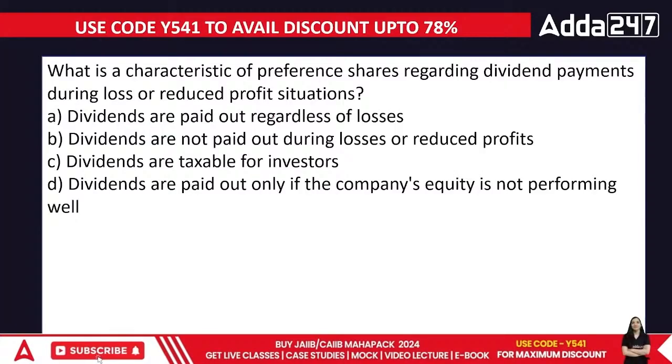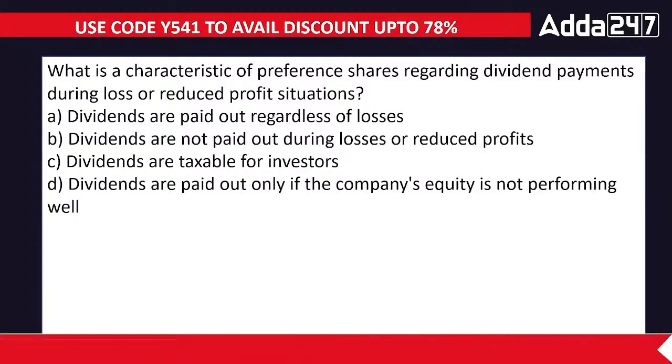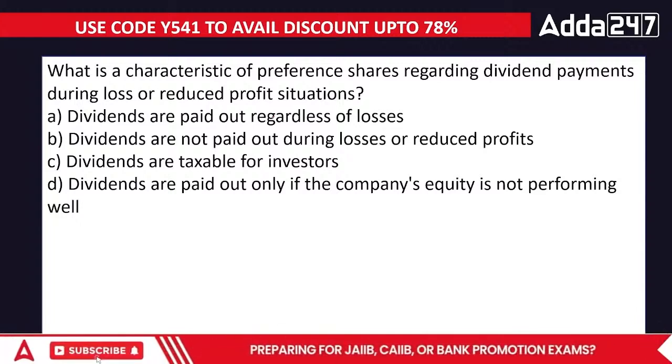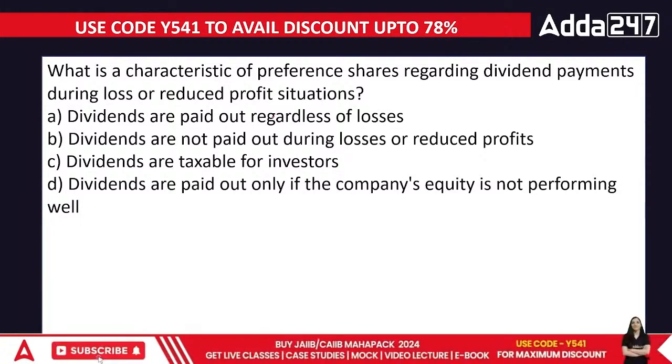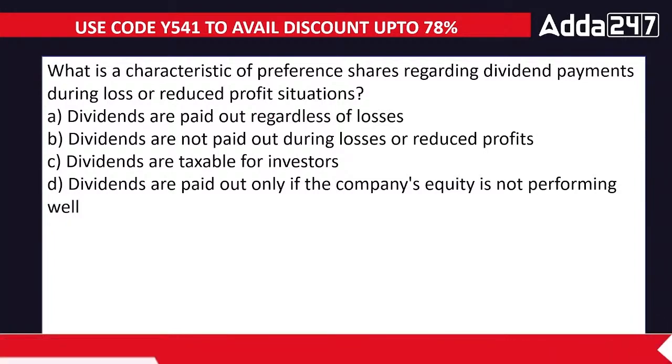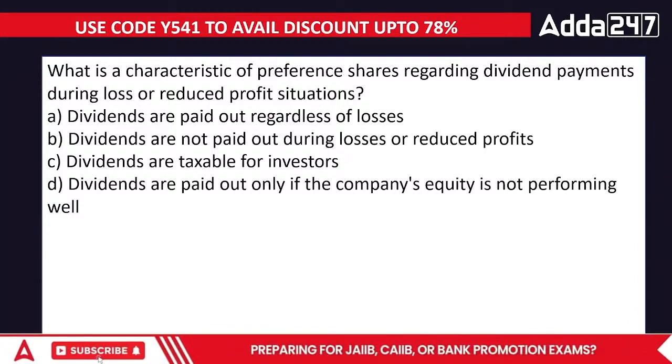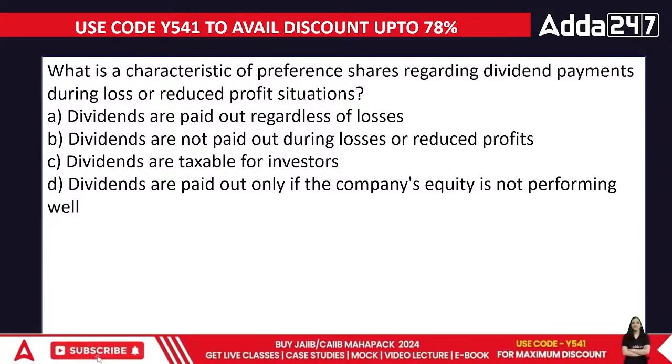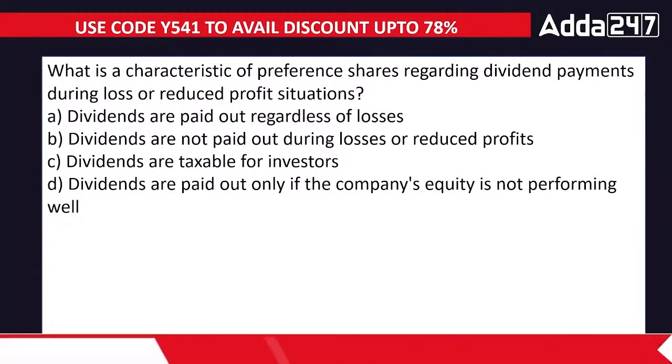Here comes the next question, everyone. The next question says, what is the characteristic of preference shares regarding dividend payments during loss or reduced profit situations? Dividends are paid out regardless of losses.